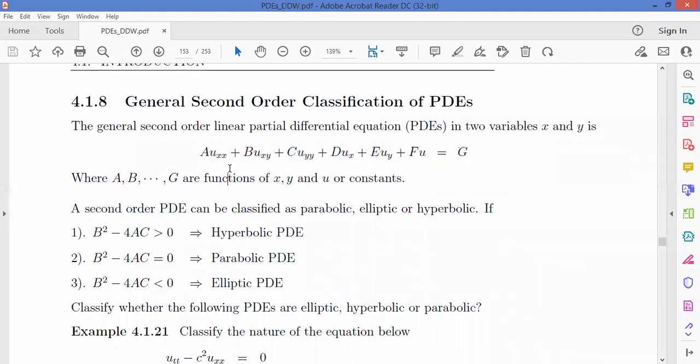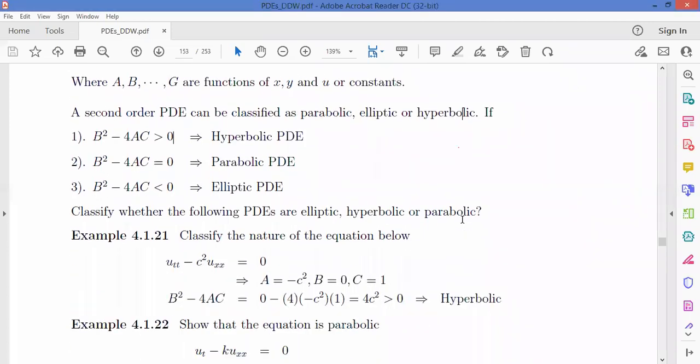Okay, so this is second order, and you have a combination. This is second order, and then this one here is first order. So we are saying the classification, here we look at the conditions, which are more of discriminants here. If b squared minus that is greater than 0, it is hyperbolic, this is parabolic, and then that one is elliptic. So if that is the case, then can we try to categorize some of these?